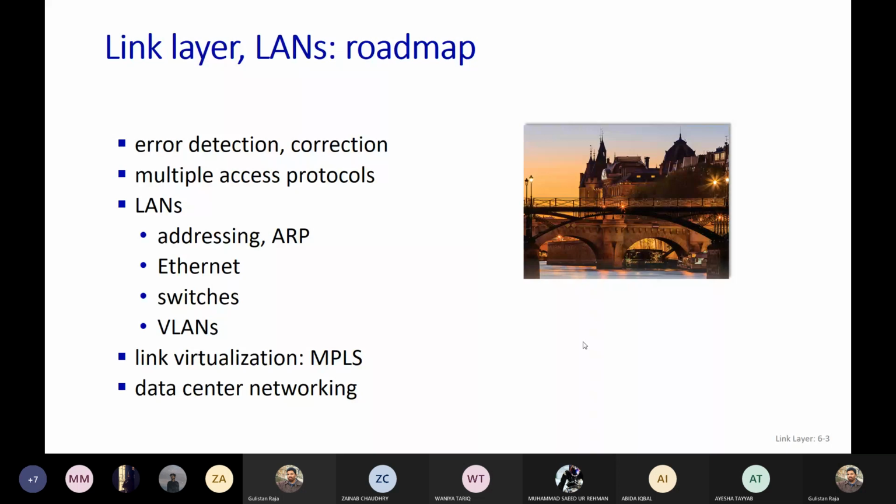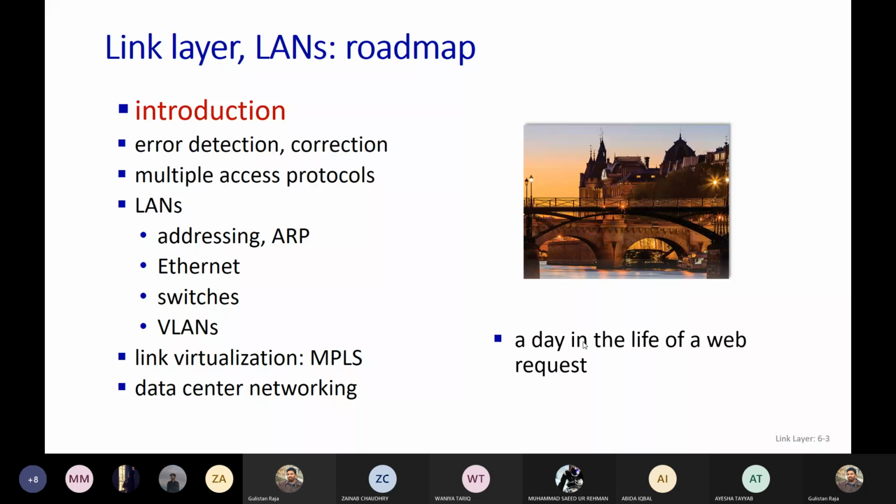Roadmap means the flow of topics which we are going to study, and we'll start from the introduction and then go to other topics in this chapter. Inshallah, we'll study the complete chapter in this course.